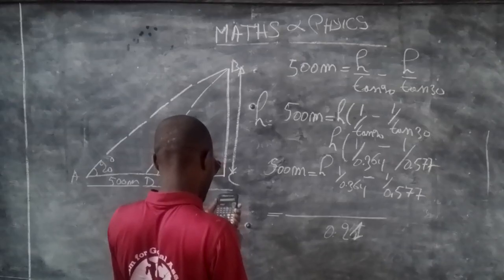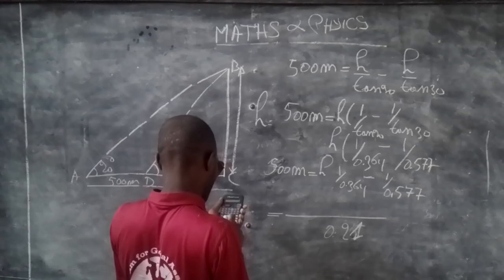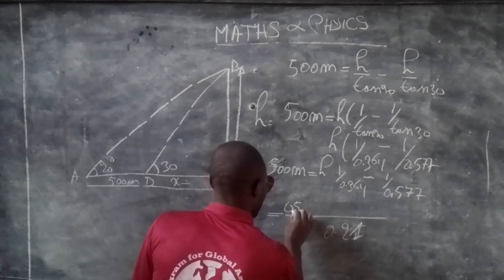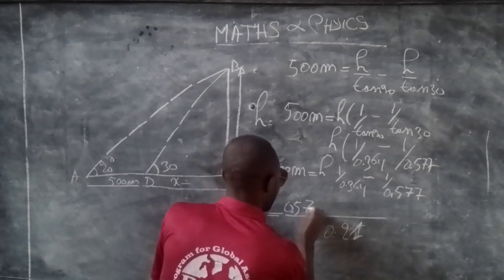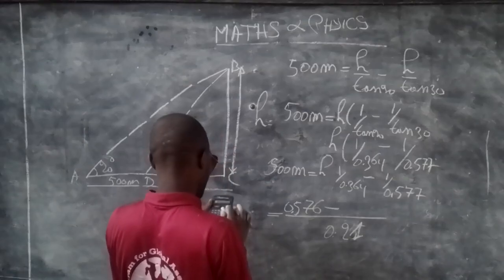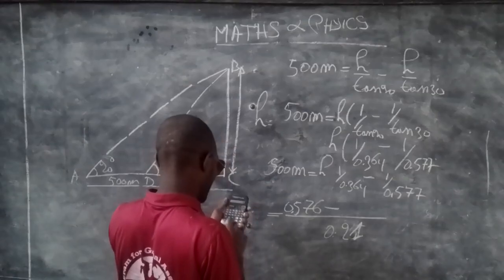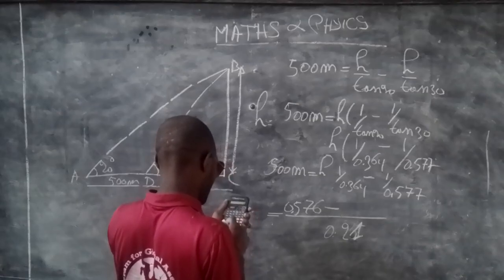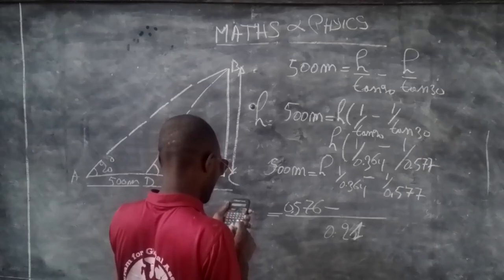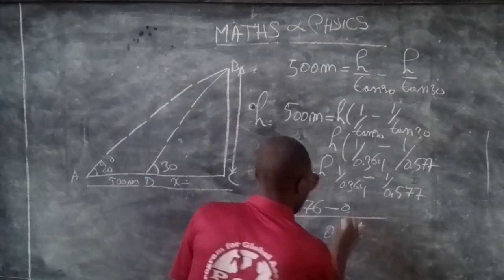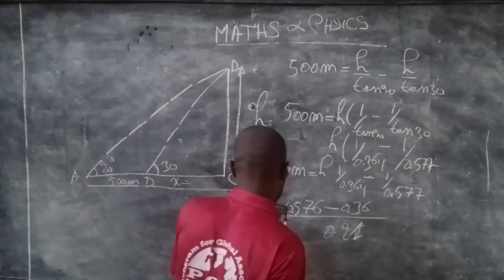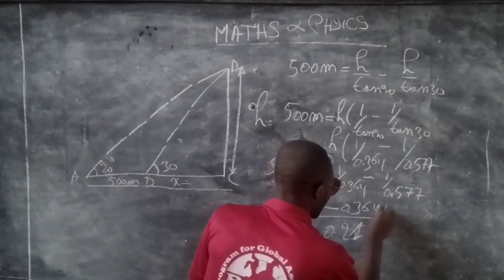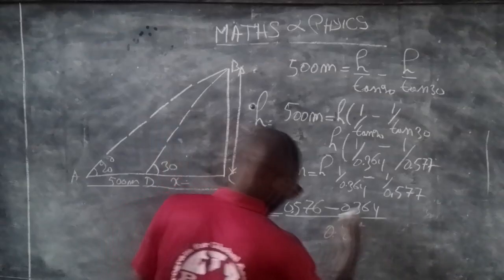The numerator is 0.577 minus 0.364, which equals 0.213, divided by 0.21. I ignore some decimal numbers.